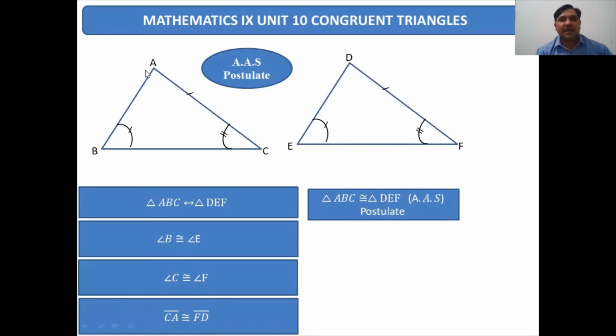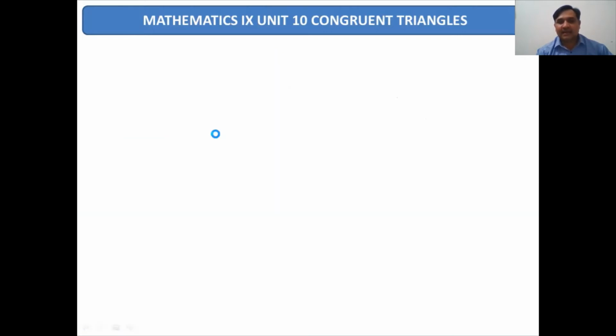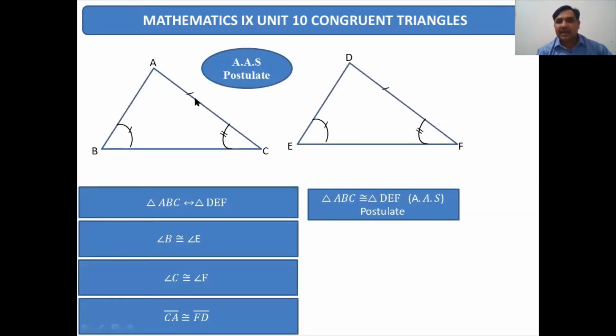Why? Here is first angle, this is angle, and this is side. So these are in sequence: angle, angle, side. So by angle side postulate, triangle ABC is congruent with triangle DEF.